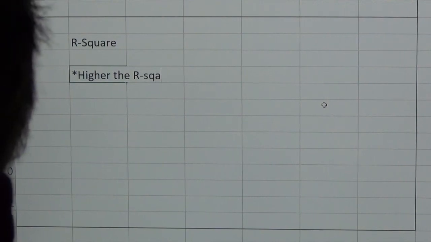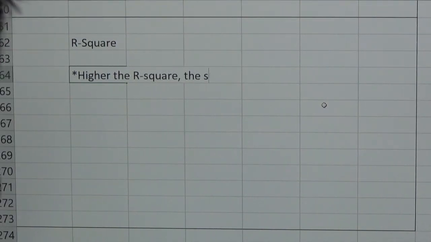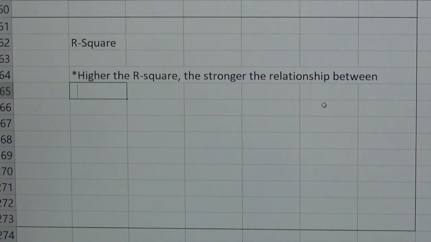Okay, so moving on, we have R-square. The higher the R-square, the stronger the relationship between cost and volumes.